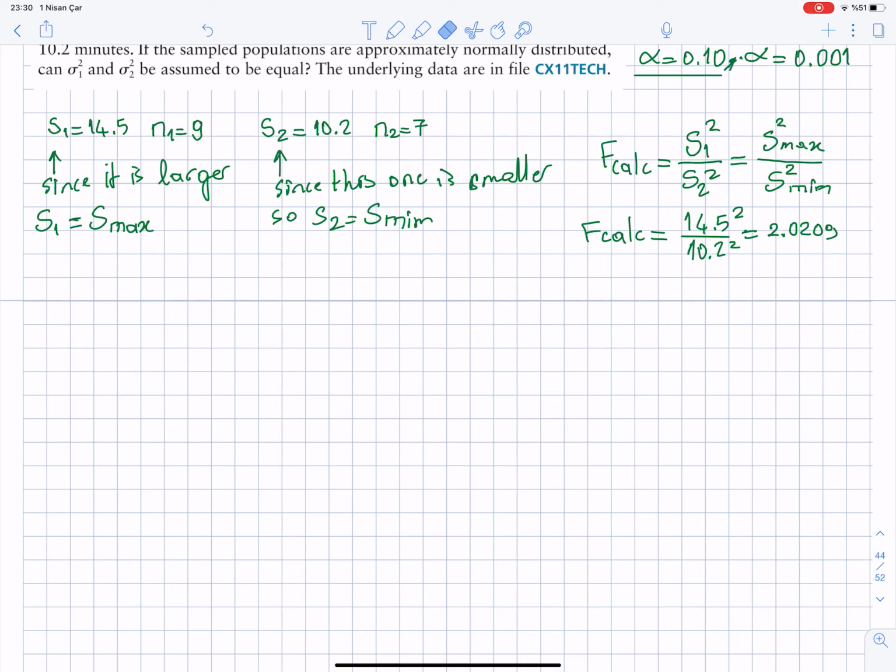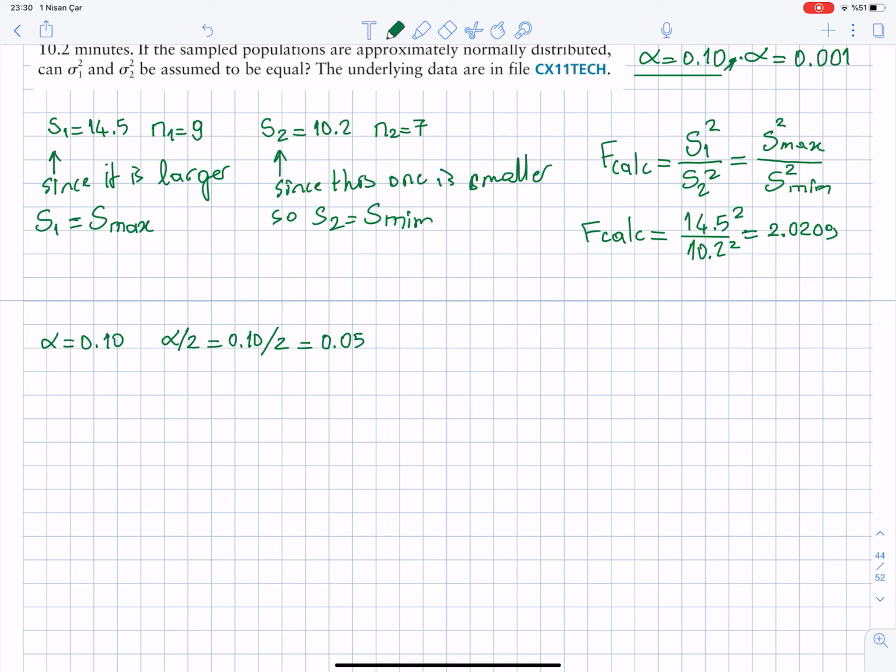If I use the alpha level 0.10, I'm not going to look for the critical value from the 0.10 F table. What I'm doing is splitting the alpha level in half, so 0.10 divided by 2, and the new alpha level is 0.05.